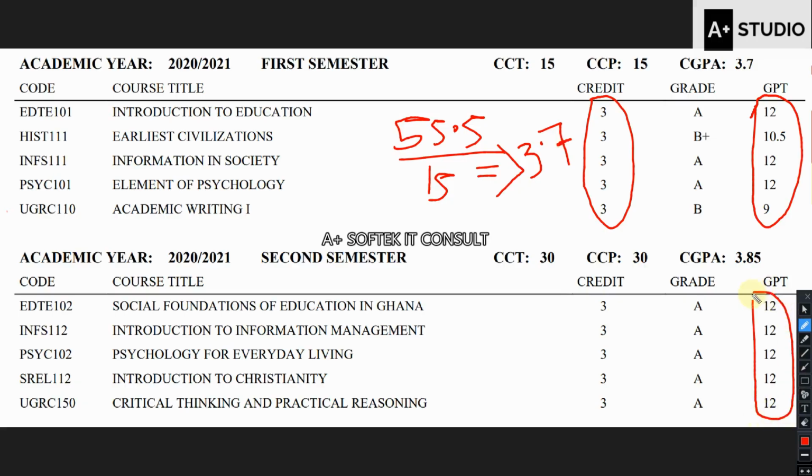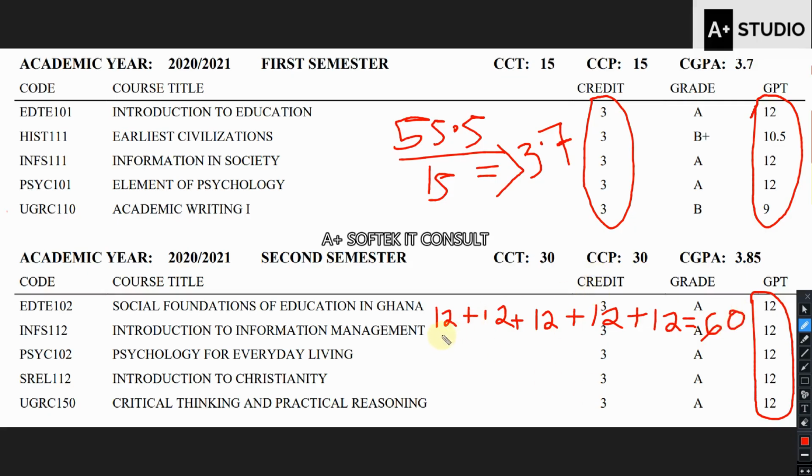So this is 12. 1, 2, 3, 4, 5. Okay, 12 plus 12 plus 12 plus 12 plus 12 plus 12, which is going to be 60. And then the credit hours.